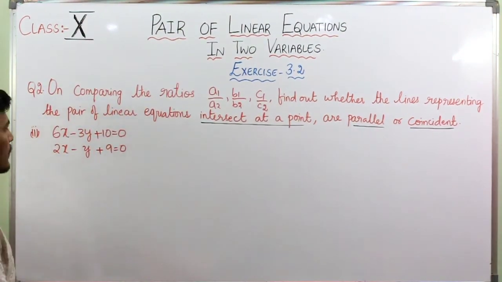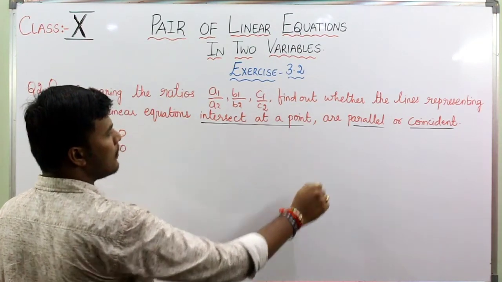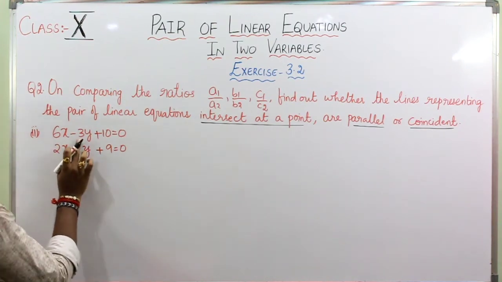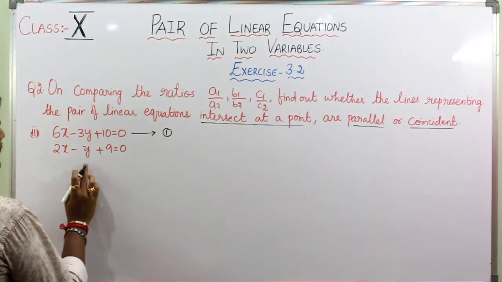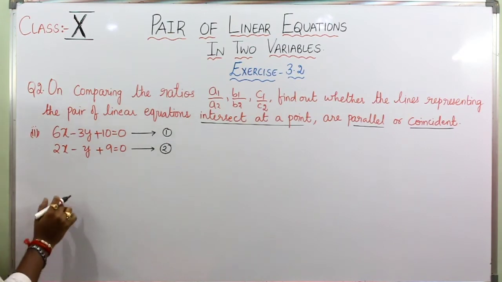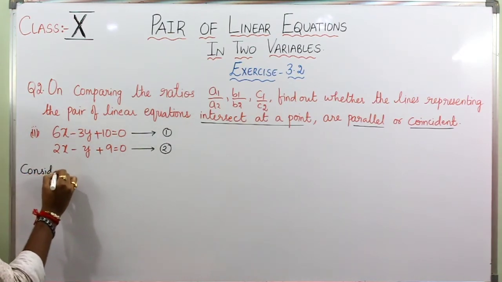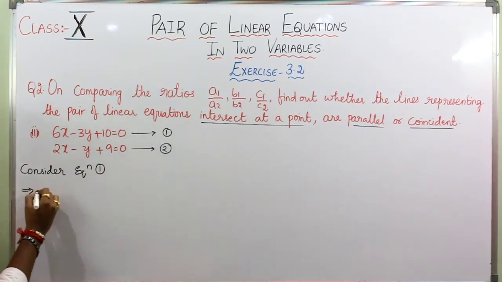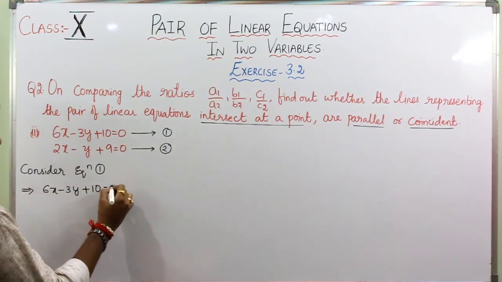Now the last bit: check whether they form intersecting lines, parallel lines or coincident lines. The given equations are 6x minus 3y plus 10 is equal to 0, which is the first equation, and 2x minus y plus 9 is equal to 0, which is the second equation. First, let us consider equation number 1, that is 6x minus 3y plus 10 is equal to 0.